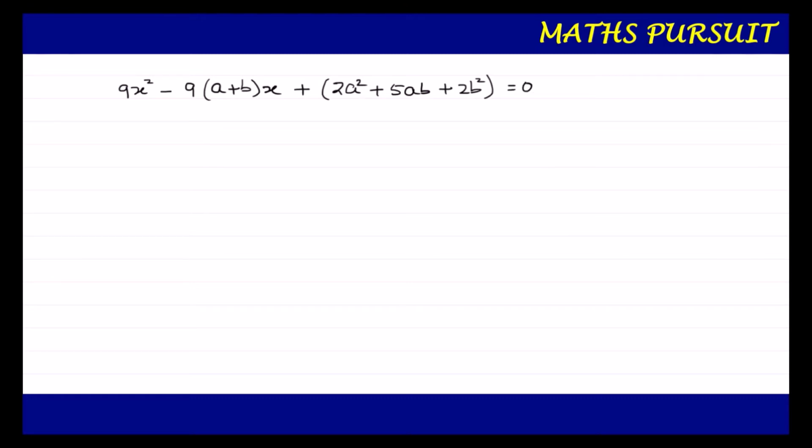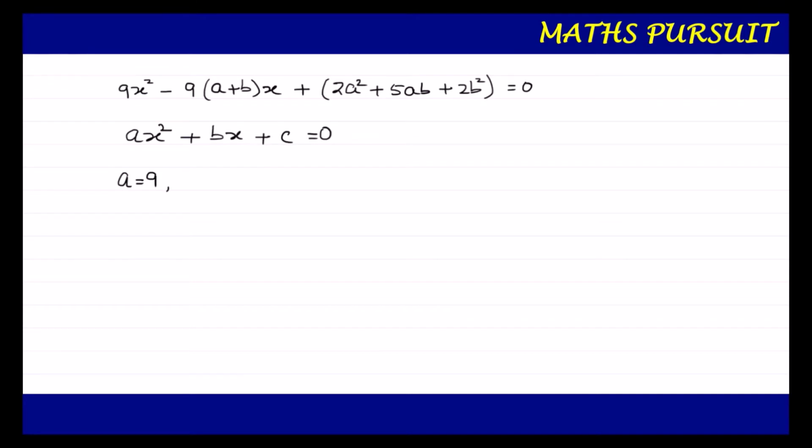Now guys, let us compare this with the quadratic equation identity. The quadratic equation identity states that ax^2 plus bx plus c is equal to 0. So let us extract the values of a, b and c from the given equation. If you look at ax^2, our a is equal to 9 here.